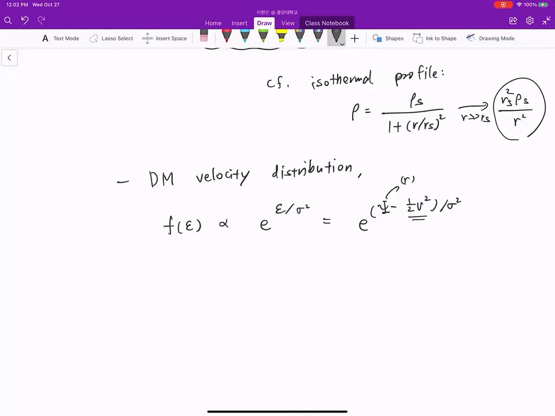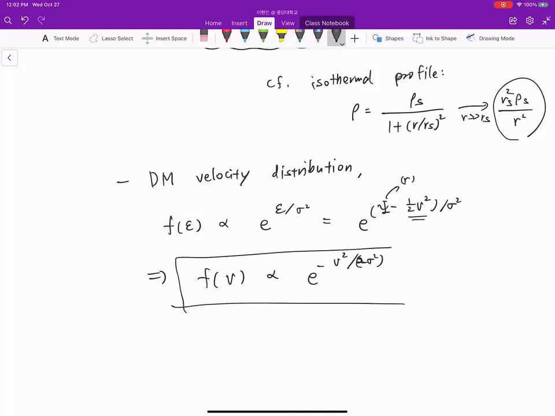Yeah, in any case, from there the phase space distribution is like this one.